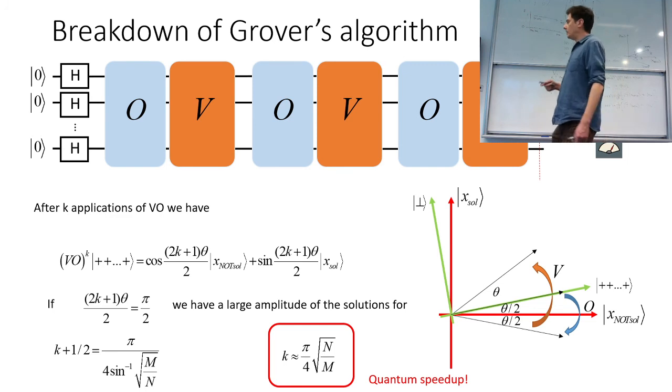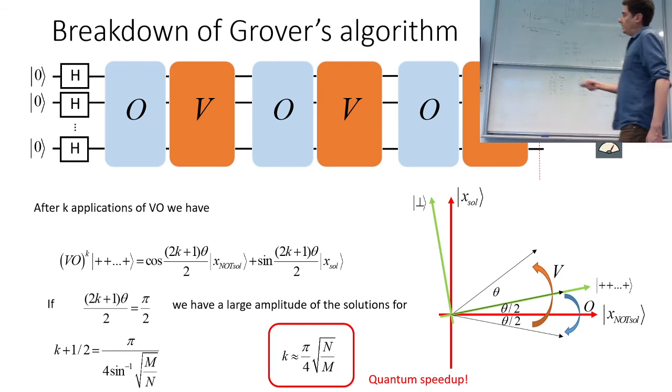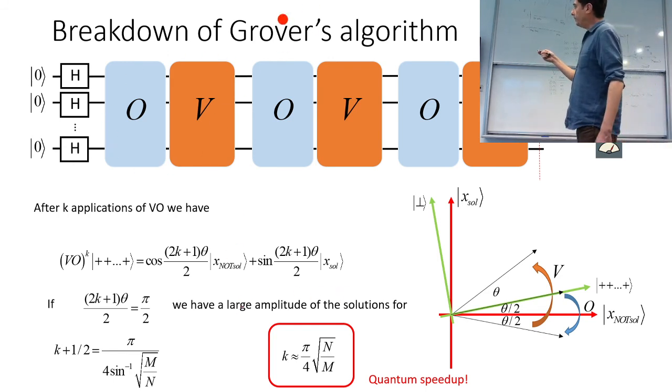And classically, you need to search through basically almost all the database elements, even if you're doing a random search. If there are 100 elements, roughly speaking, you need to look 100 times. Here, if we count how many times we are doing this OV combination, you only need the square root of n times.